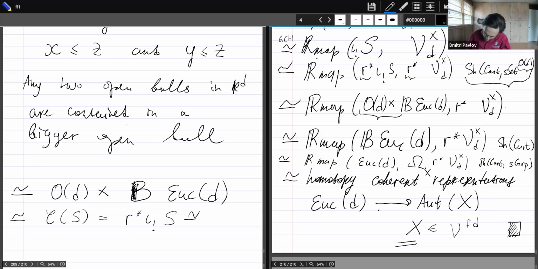So this is a homomorphism of sheaves on Cartesian spaces, valued in simplicial groups, from the Euclidean group to the group of automorphisms of some fully dualizable object X. So it's precisely a homotopy coherent representation of the Euclidean group on X.